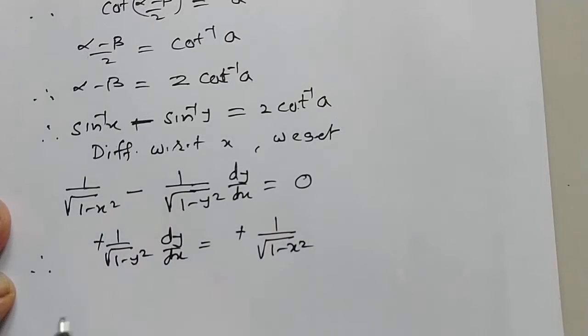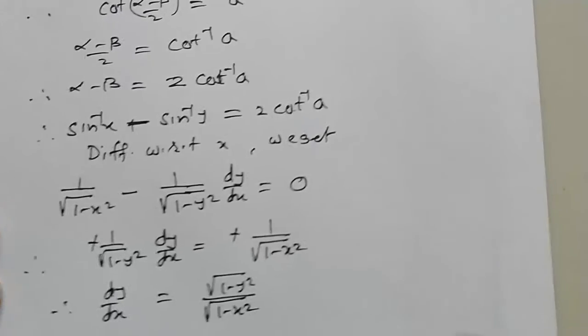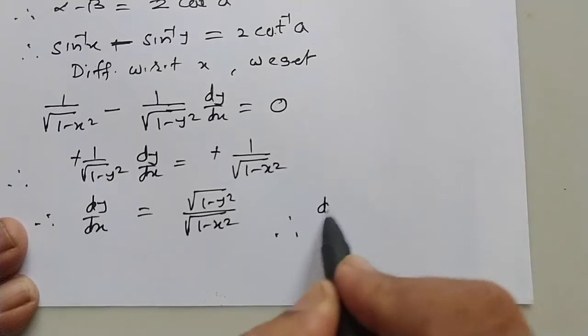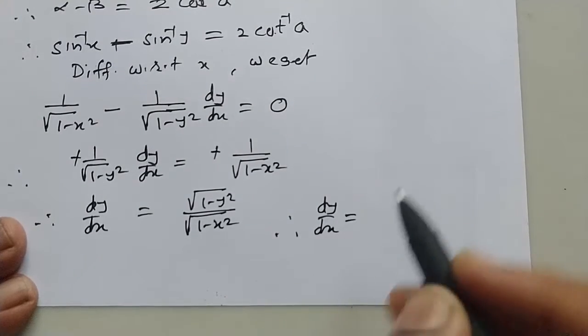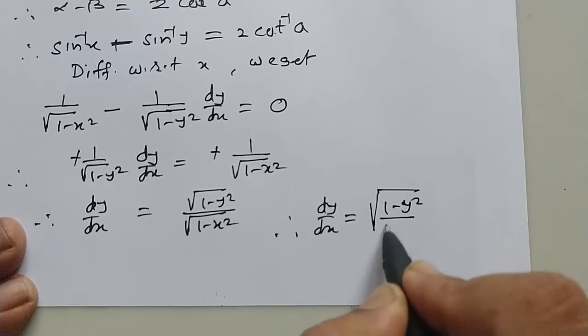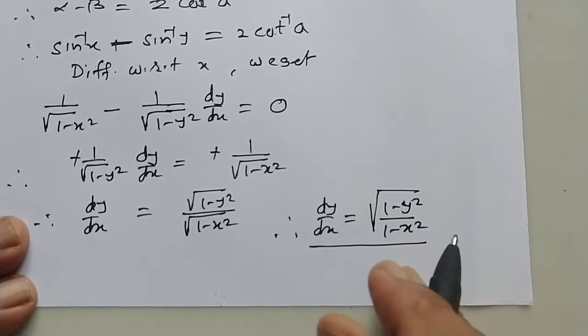Multiplying by √(1 − y²) on both sides, dy/dx = √(1 − y²)/√(1 − x²). And therefore dy/dx = √((1 − y²)/(1 − x²)). Hence the proof.